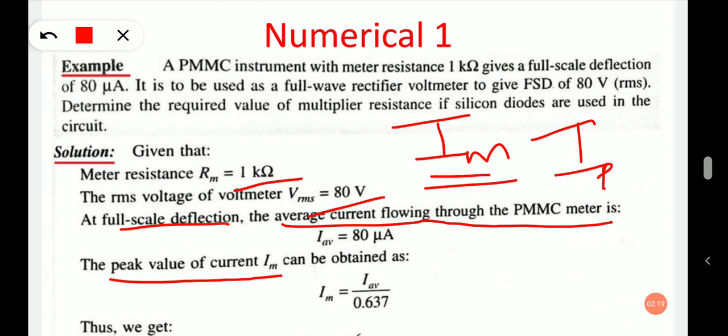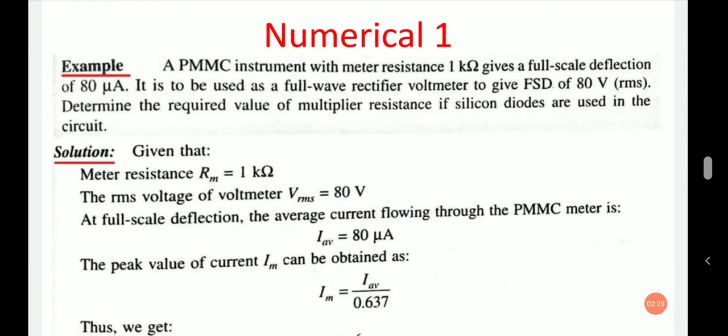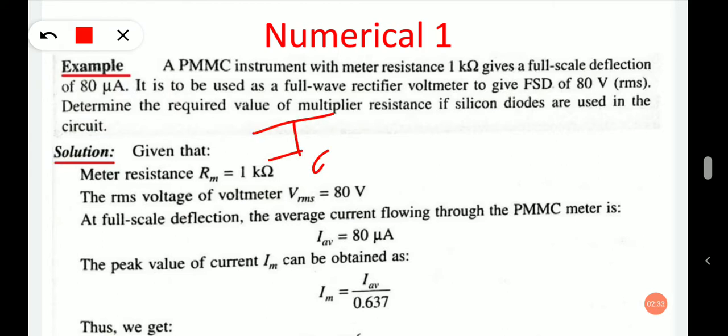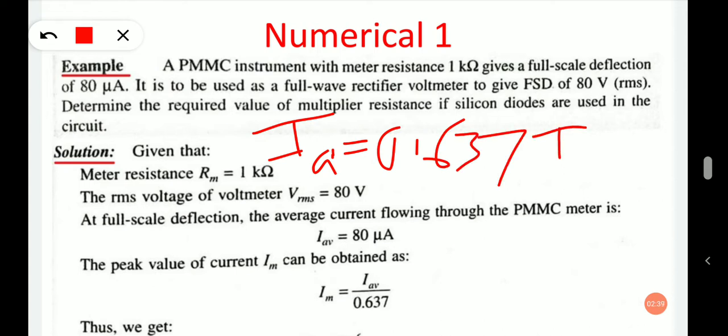So here that peak current Im can be obtained as, we know the expression, I average equals to 0.637 into Im, that is maximum current.